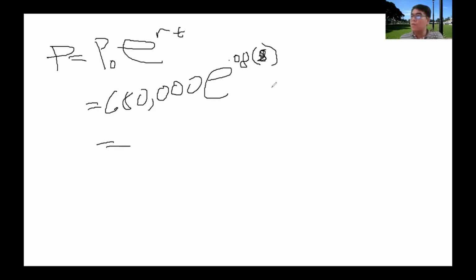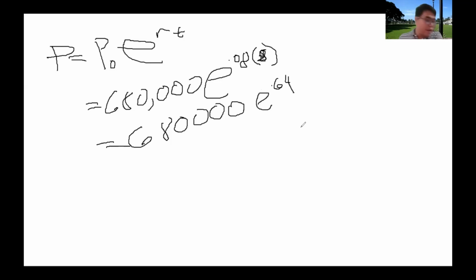So 0.08 times 8 is equal to 0.64. So this is 680,000 e to the 0.64.